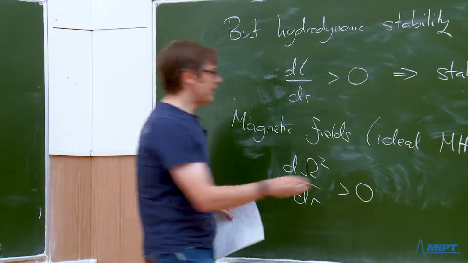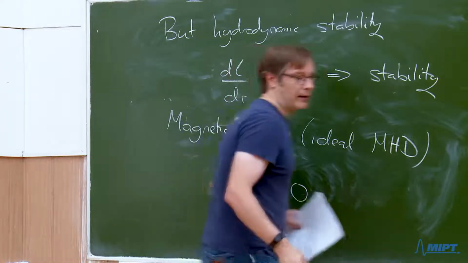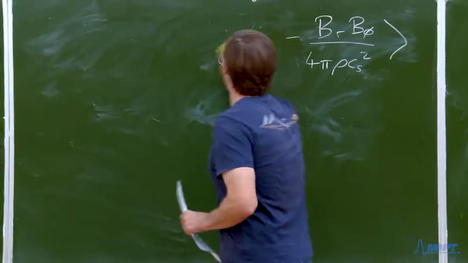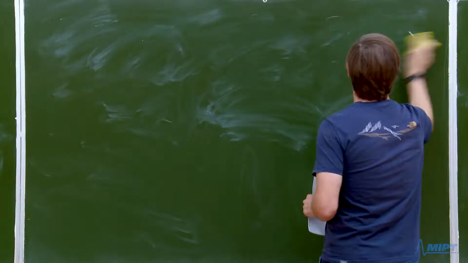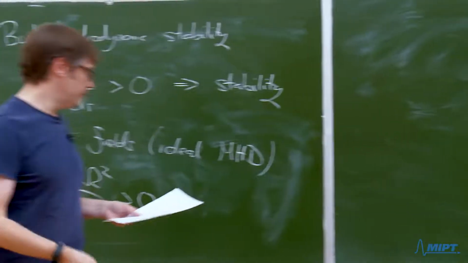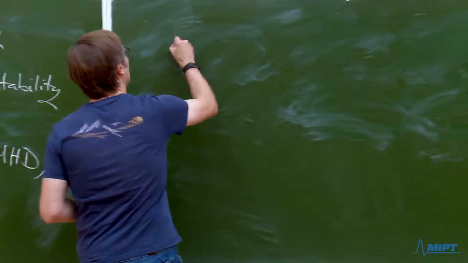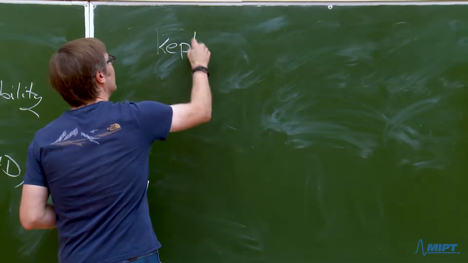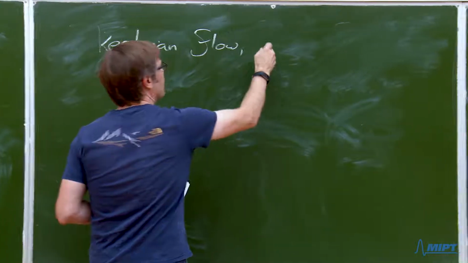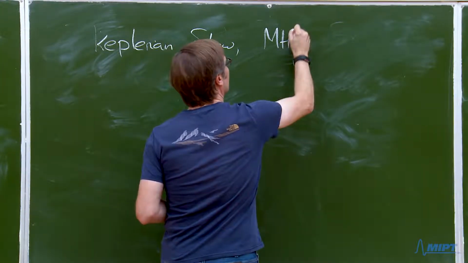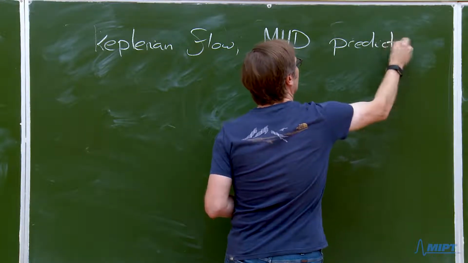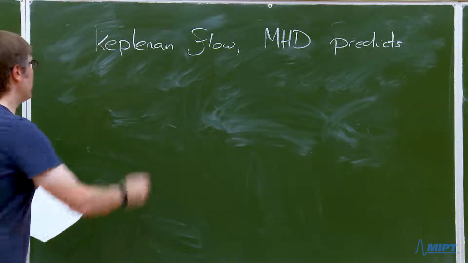Okay. So in a Keplerian flow, you predict that if there are magnetic fields there, and if the fluid is reasonably described by ideal MHD, then you should have instability. So for Keplerian flow, this MHD consideration predicts instability.